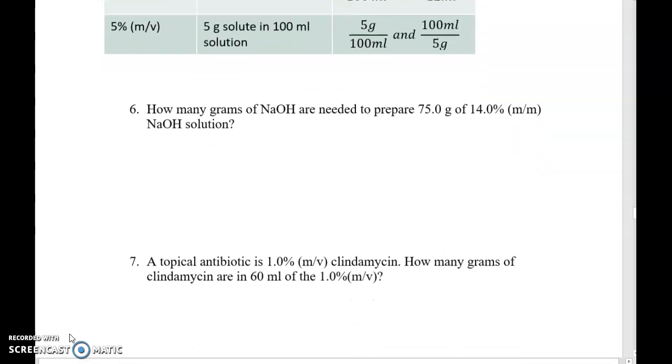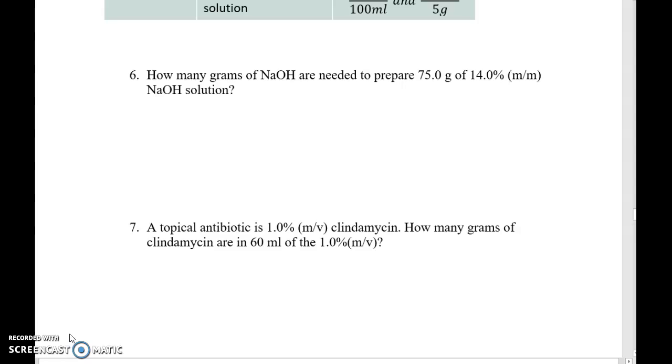How many grams of sodium hydroxide are needed to prepare 75 grams of 14% mass over mass sodium hydroxide solution? So what they've given us is that we've got 75 grams of a solution. We want to know how many grams of sodium hydroxide are going to be required.